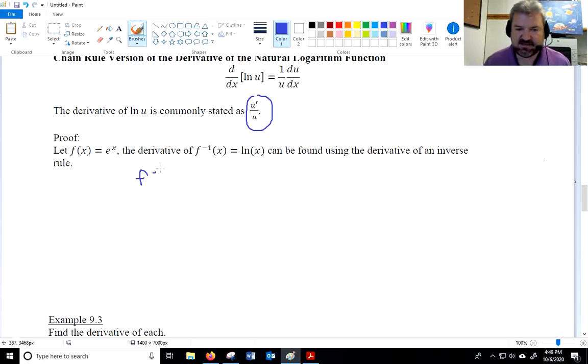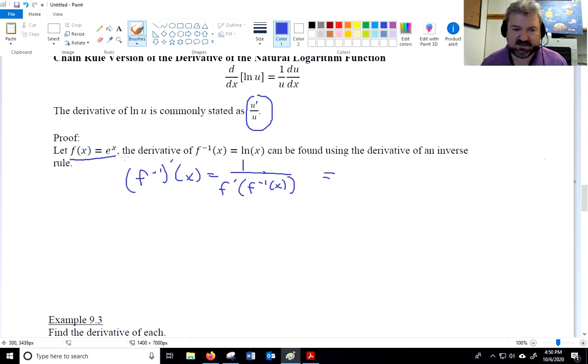And f inverse prime of x is equal to 1 over f prime of f inverse of x. Right? So let's figure that out. We're trying to find f inverse prime of x, where f is e to the x. Well, what is f inverse of x? Well, that's natural log of x.